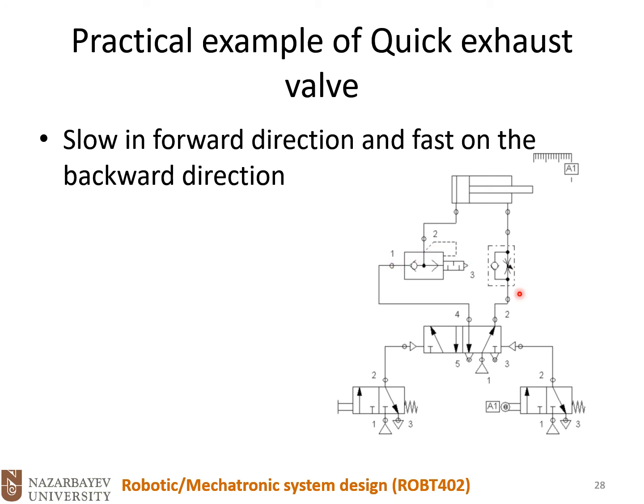So for the forward direction, the air will go through the port 4 of the main directional valve to the port 1 of the quick exhaust valve, and when the port 1 is pressurized, the port 3 will be closed, and the port 2 will be active and pressurized, and the cylinder will move forward normally.